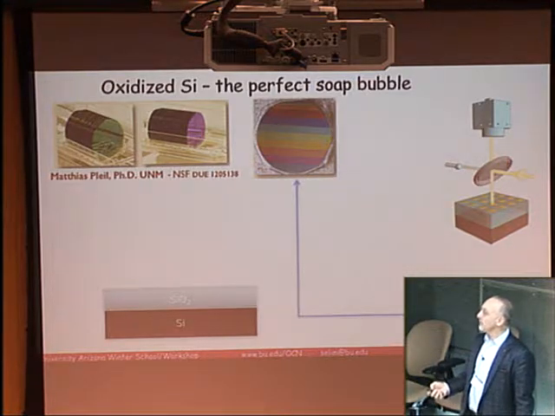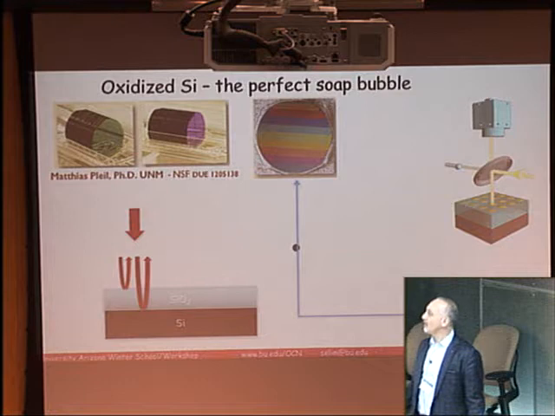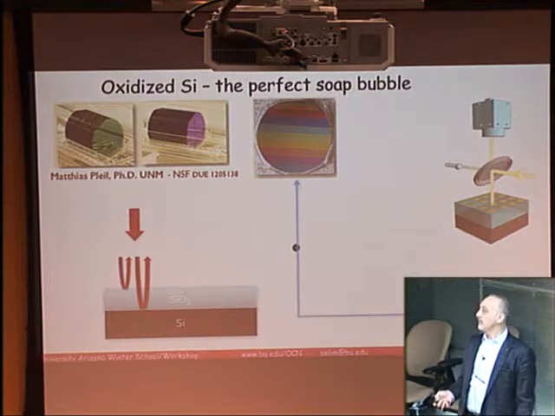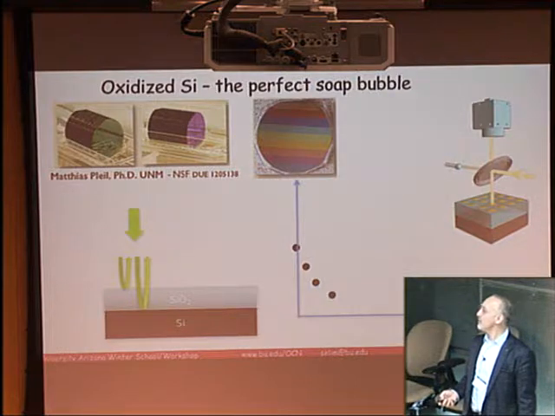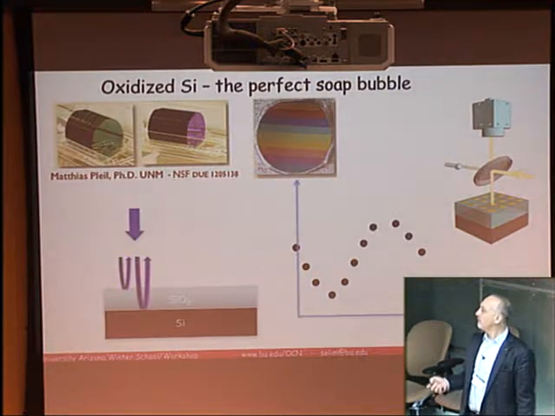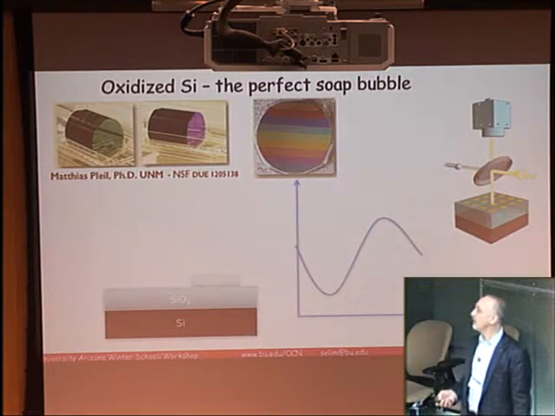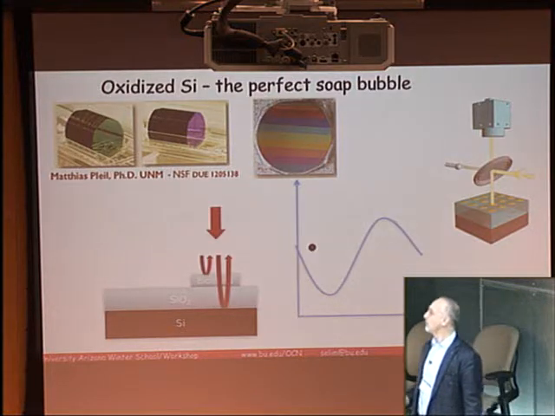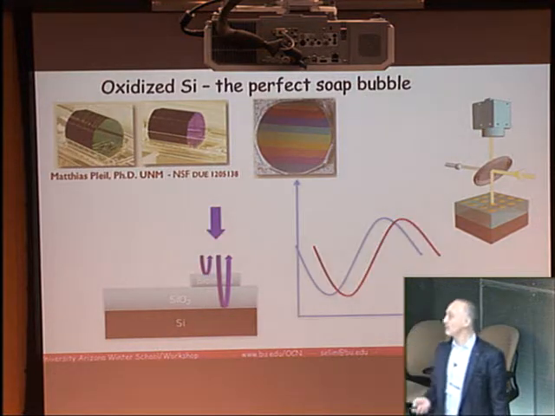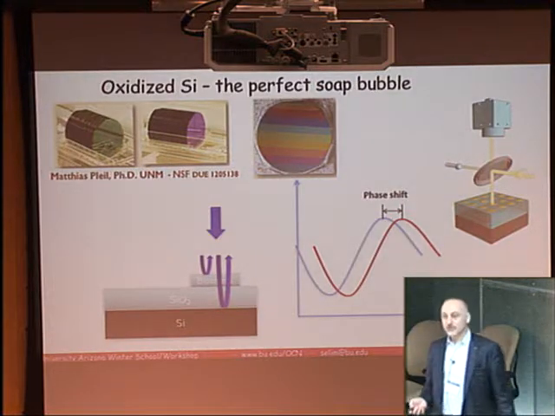So we can take this, and instead of measuring the color at every point, you can shine light at different colors and take the entire sensor surface's image, and for a particular point, you'll end up with a reflectivity curve. And if there is anything put on top of that film, it will have a shifted reflectivity curve. And the shift is proportional to how much material you have.